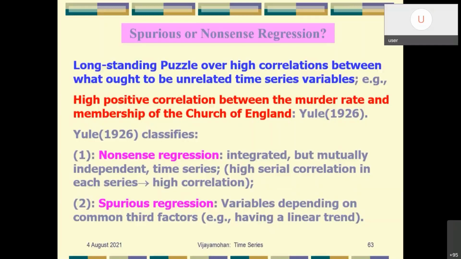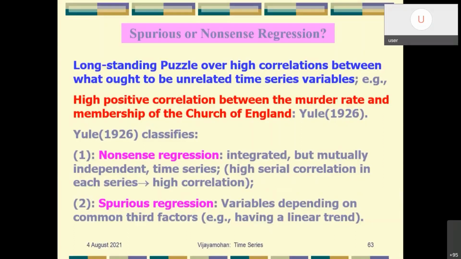So in 1926, he did a study on the correlation between the murder rate and the membership of the Church of England. He collected time series data on murder rate and membership of the Church of England, and he got a very high positive correlation between the two variables.